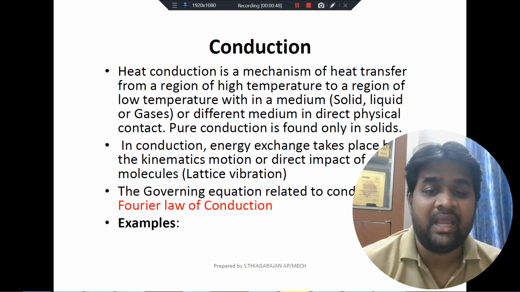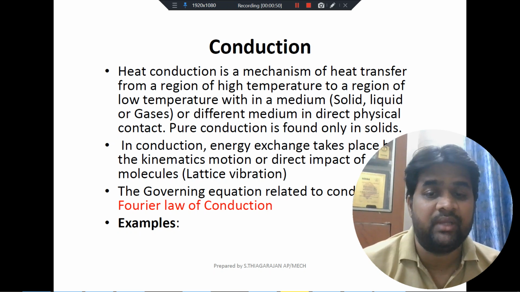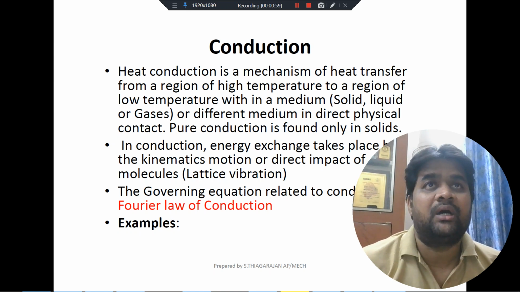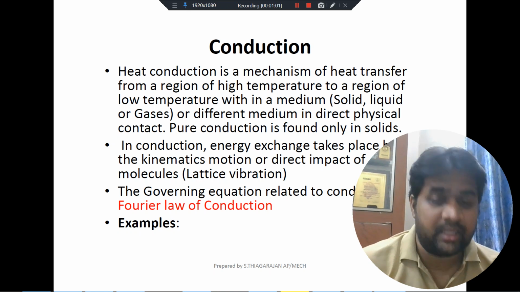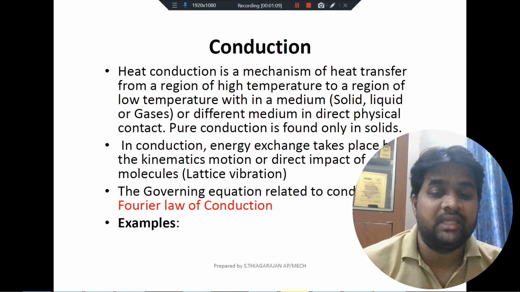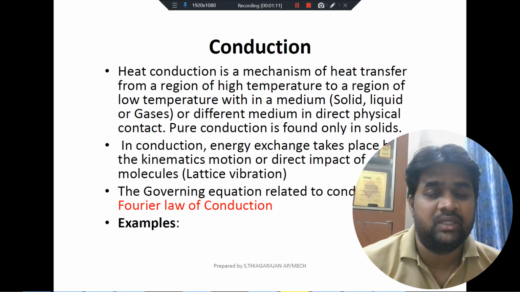In conduction, the energy exchange that takes place is due to lattice vibration. The free electrons in the substance are used to transfer the heat from one end to the other end. The governing equation related to conduction is Fourier law of conduction.